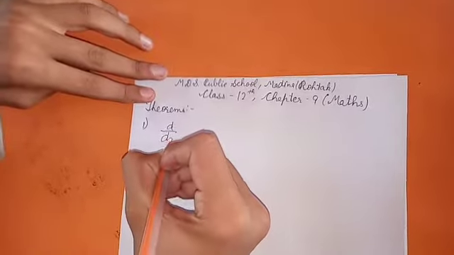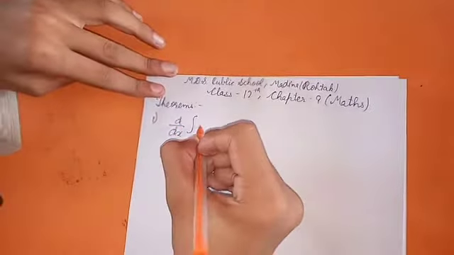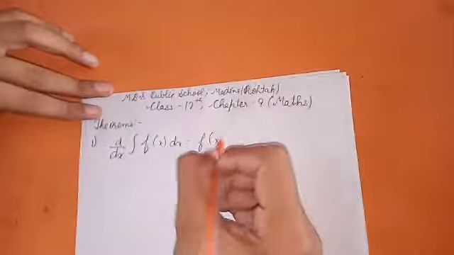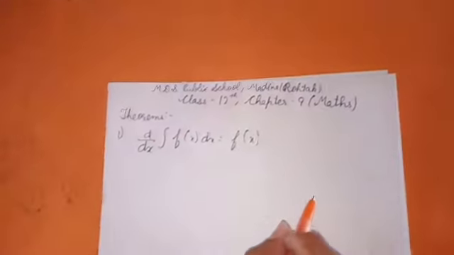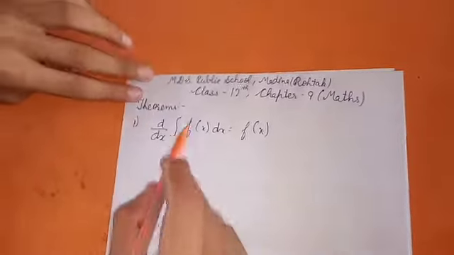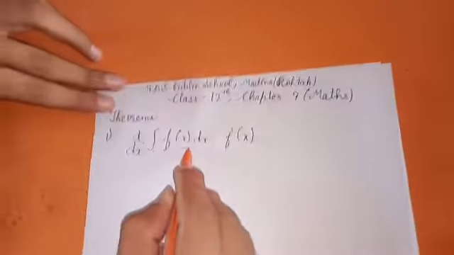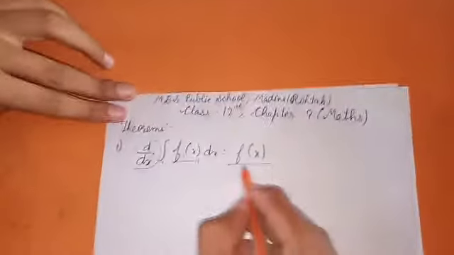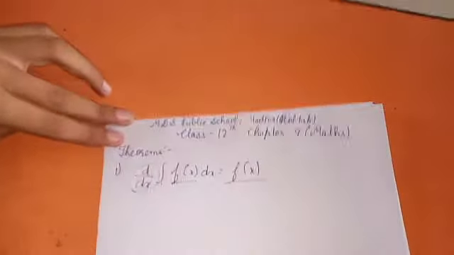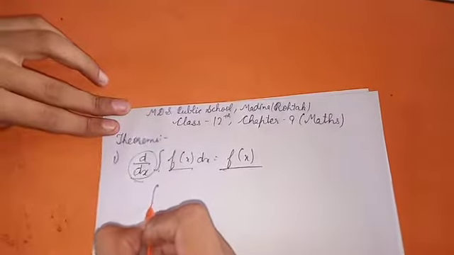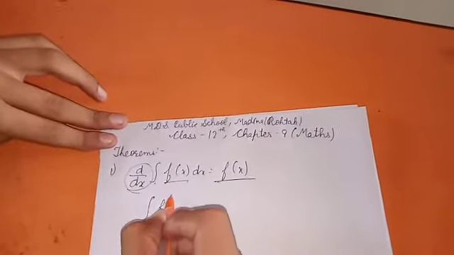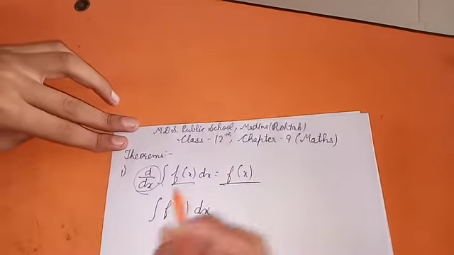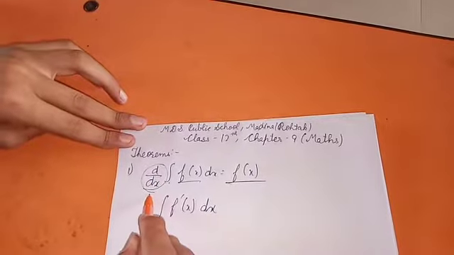The first one given is that differentiation of integration of f of x dx is equal to f of x. Here we first integrate it, then differentiate it, and what we get is the same function in the end. But if we integrate the differentiated function, that means integration of f dash x, we have already done differentiation.